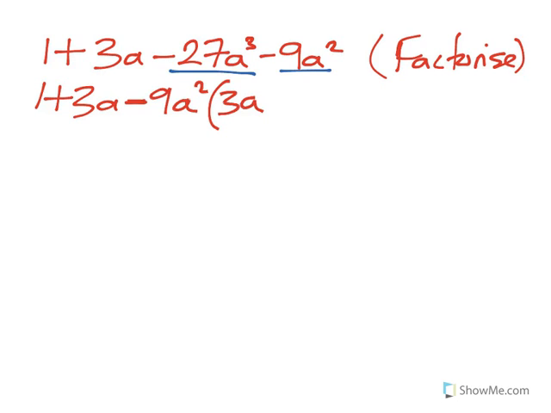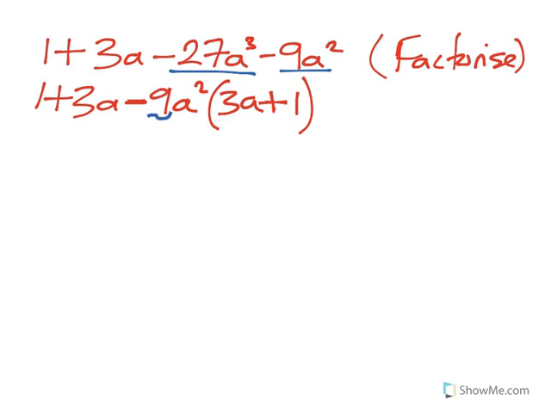Negative is already outside, this becomes a positive. 9a squared into 9a squared becomes a 1. Now remember, to check that you're correct, you must ensure that when you multiply this and that, you get back to the previous answer, which is correct in this case.